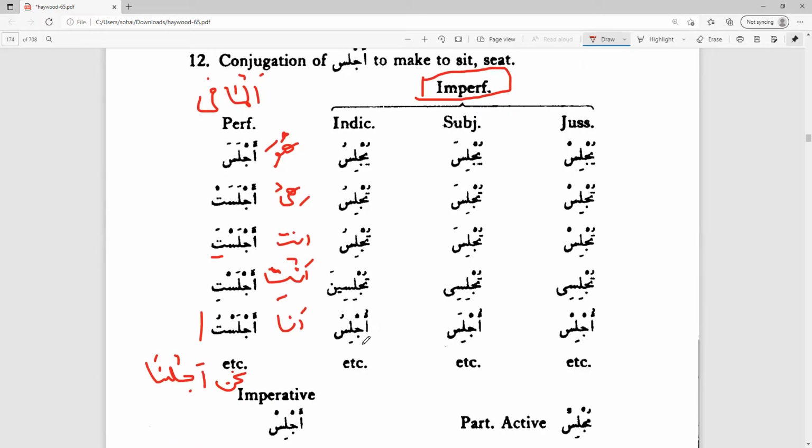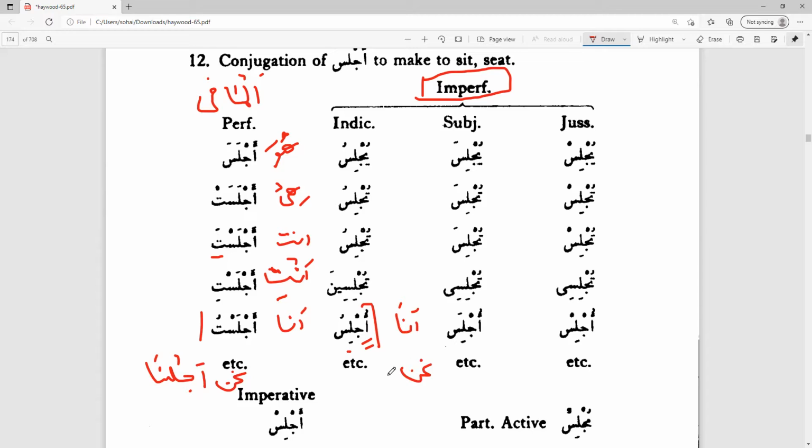If you notice here, again, there's an additional alif. But similar to kassara, yukassiru, the first letter, which is the additional alif here, will get a dhamma. Then the first root letter gets a sukoon, and the second root letter gets a kasra. Ujlisu. Ana ujlisu.